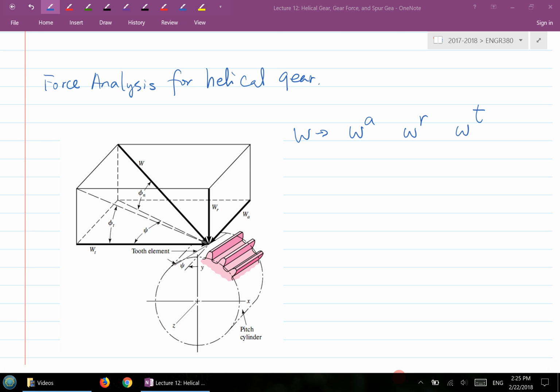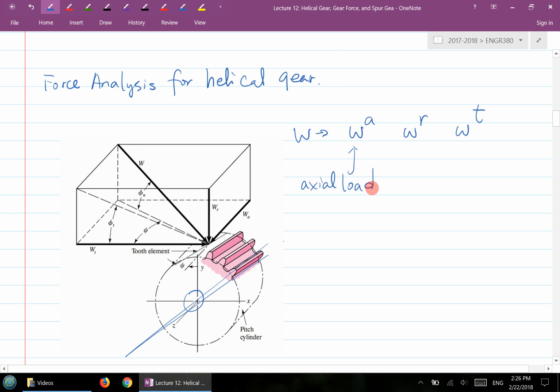WR and WT are basically the same notation as the spur gear. WR is the radial load, and WT is the transmitted load, and WA right here is basically along the shaft direction. So A here is called axial load.